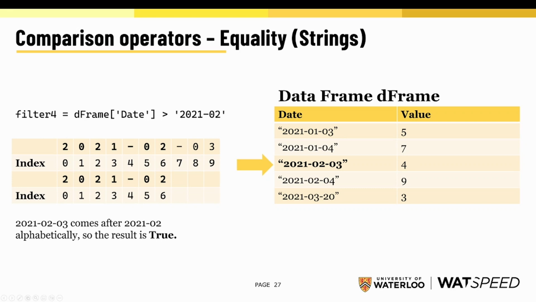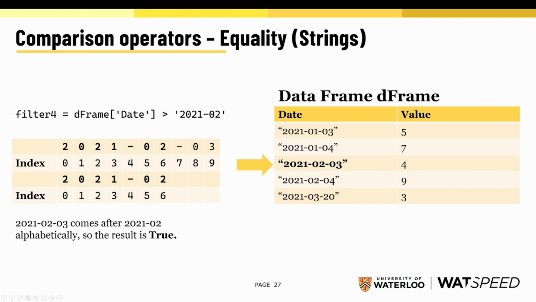Now we're asking, does 2021-02-03 come after 2021-02? The key is that 2021-02-03 is longer than 2021-02. Up until index 6, both strings are equal, but our first string, 2021-02-03, is longer.